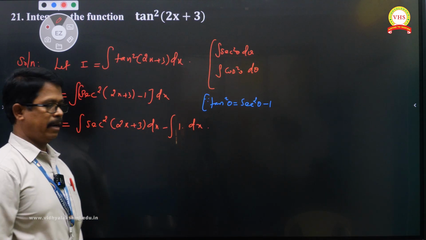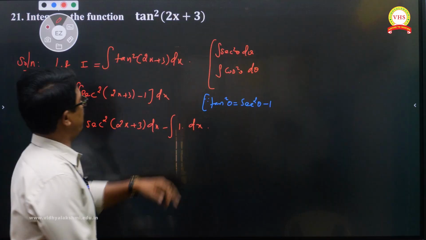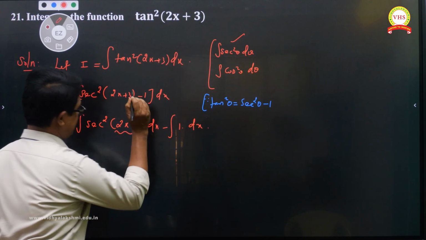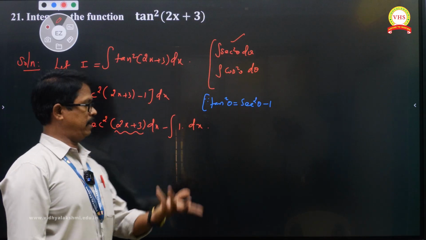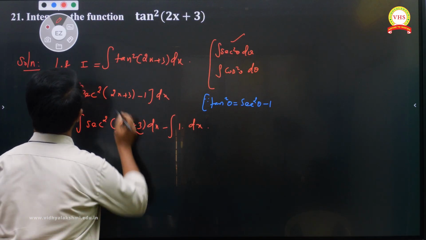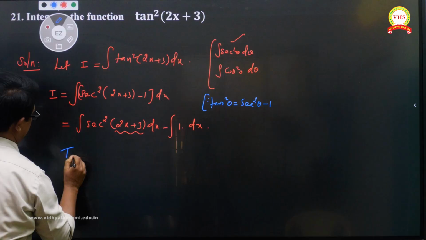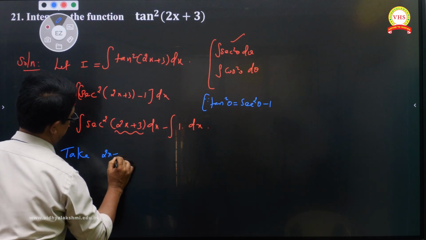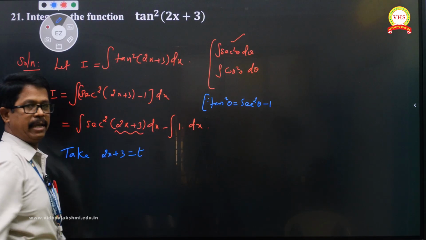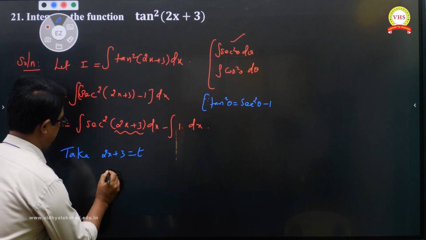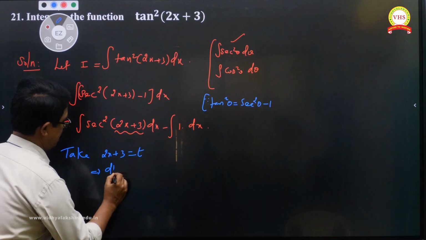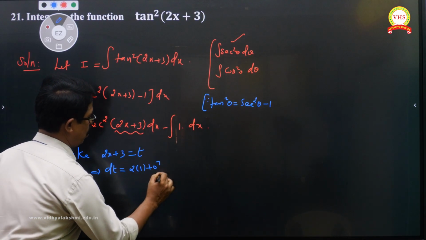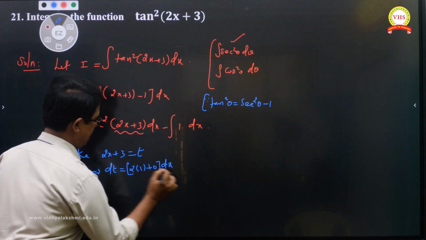Now look at this, there is a formula for secant square theta, but in the theta place there is an algebraic term. So we take an alternate variable for that. Take 2x plus 3 equal to t, which implies dt equal to 2 into 1 plus 0 into dx, that is dt by dx.